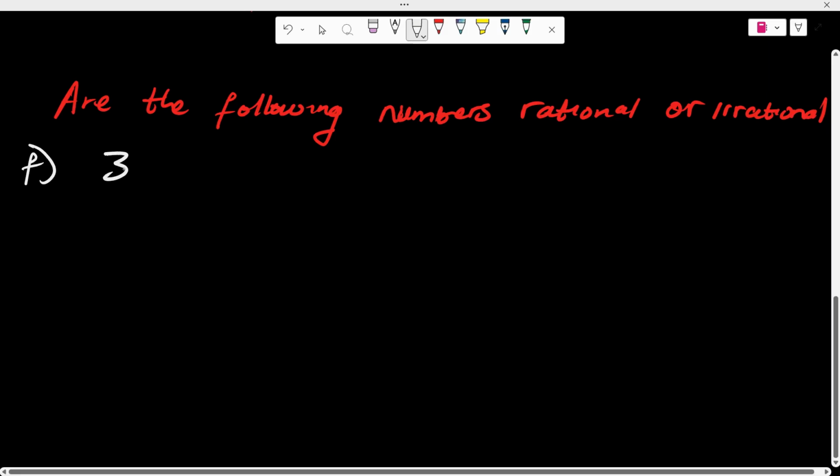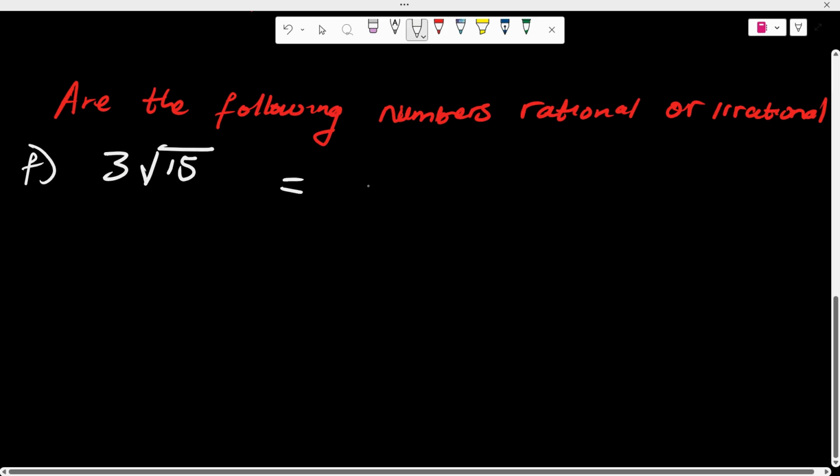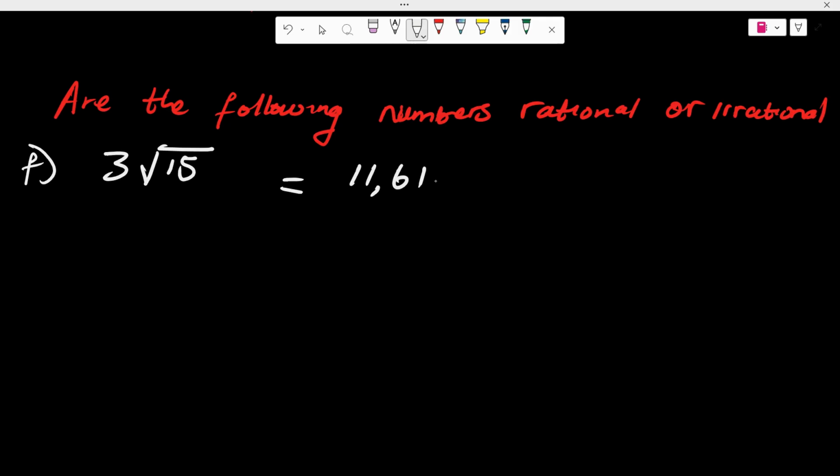Let's take 3 root 15. Is it a rational number or an irrational number? When you punch this number into the calculator, you will get 11.61895, and it continues.